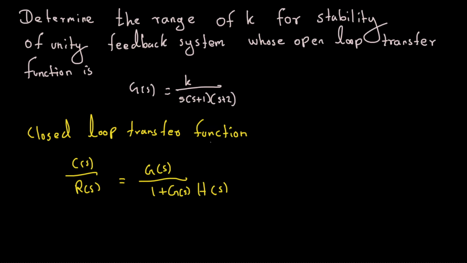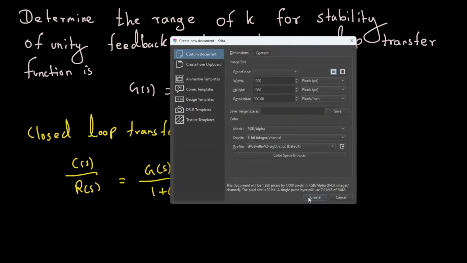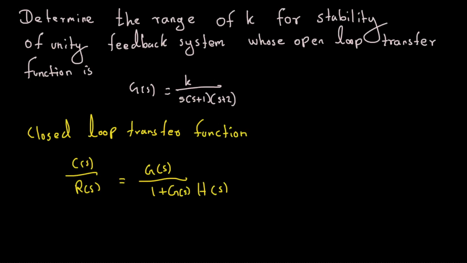So if we plug in the values, from the problem we know that G(s) is equal to k over this value.